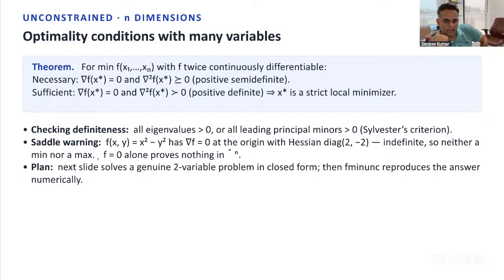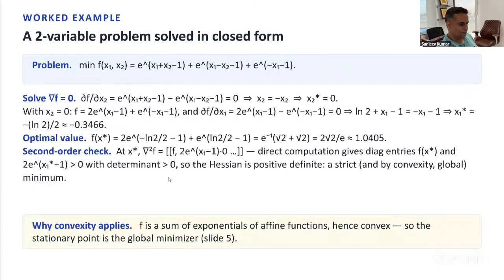If all the eigenvalues are strictly negative, we say it is negative definite. If 0 is also involved in both cases, we say positive semi-definite or negative semi-definite. And if eigenvalues are a mixture of positive and negative, then we say it is indefinite. So these are the optimality conditions for an unconstrained minimization problem in n dimensions.